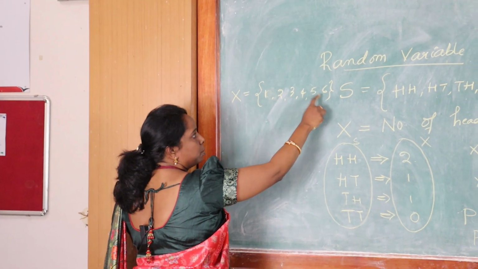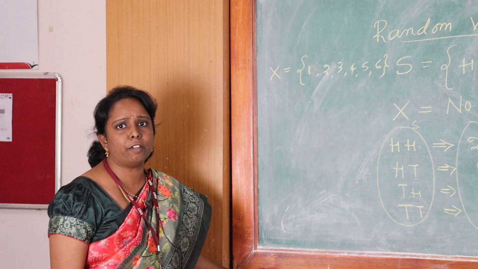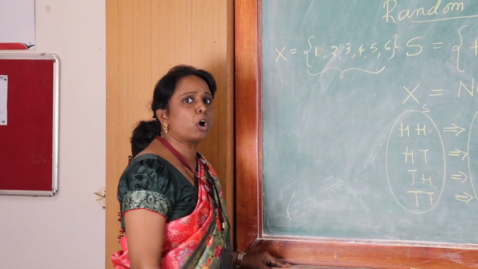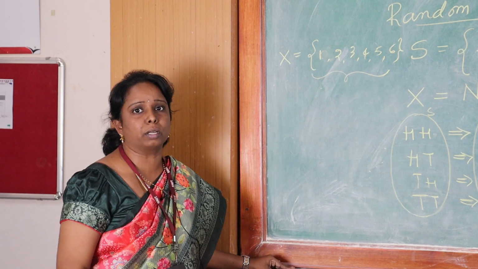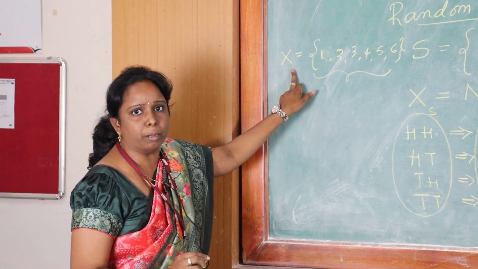Likewise, there are 6 possible outcomes on rolling a die. So, X is equal to 1, 2, 3, 4, 5, 6. It takes countable, finite values, so this is called a discrete random variable.